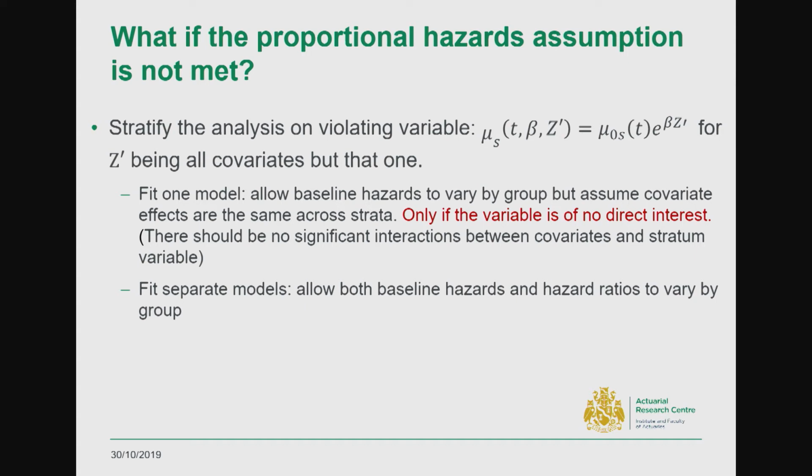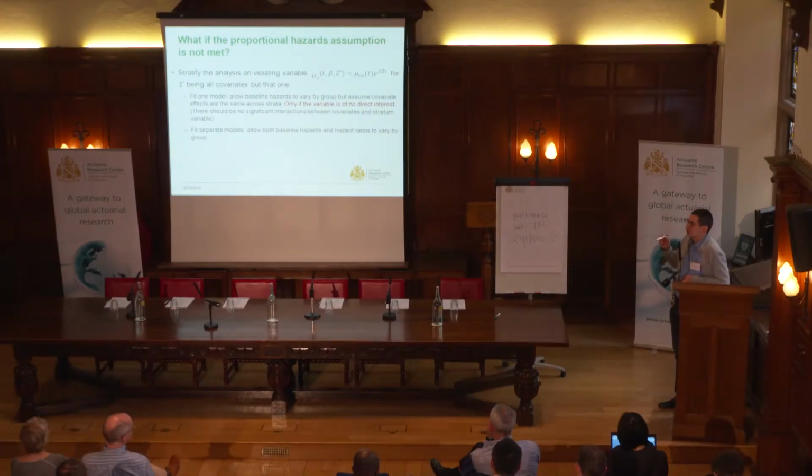In a stratified model, we assume that our baseline hazards are different for this covariate, for the group. So the only covariate which has a hazard ratio that changes with time is our interest.